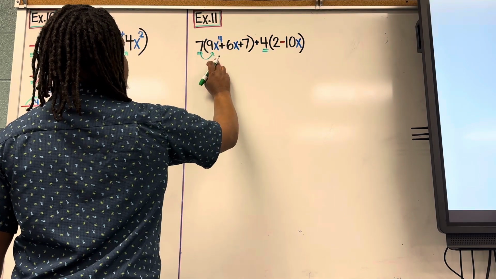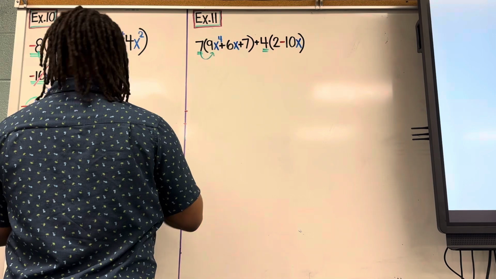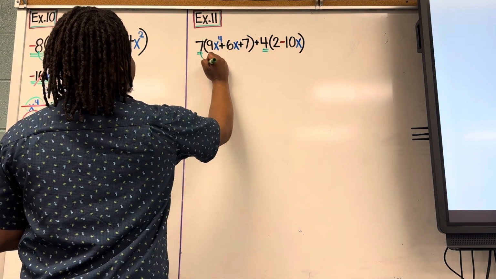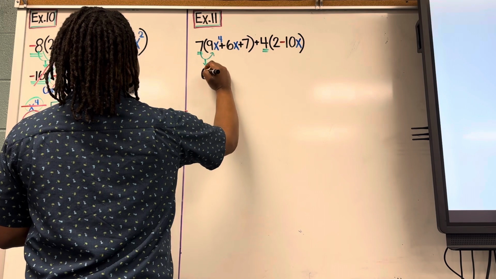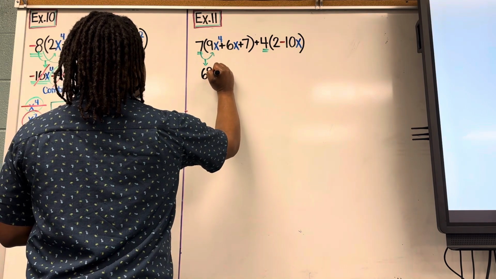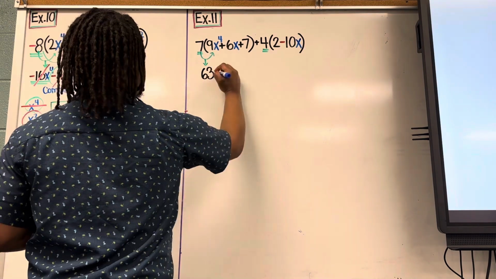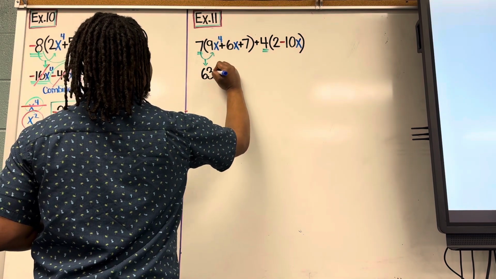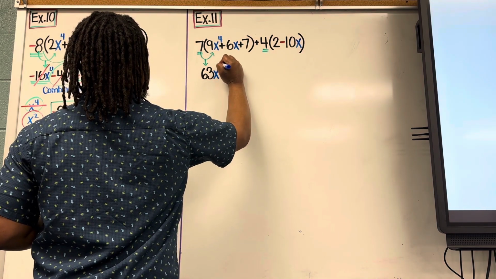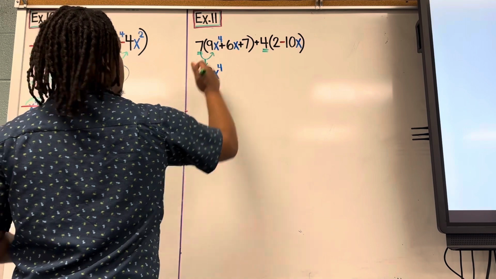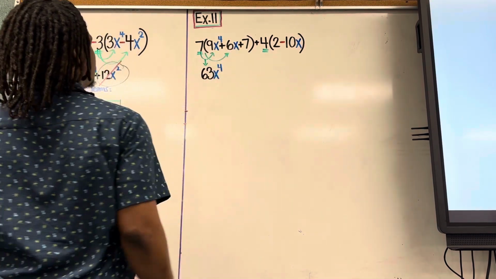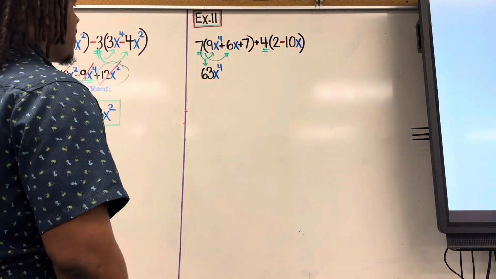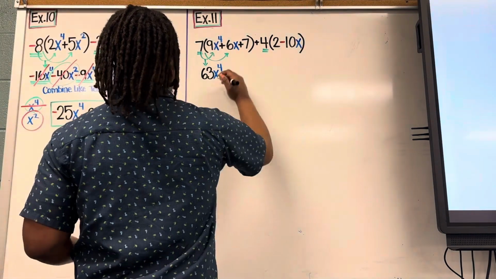So 7 times 9x to the fourth power is actually going to be 63x to the fourth power. Okay? Now we're going to have 7 times 6x. 7 times 6x is a positive 42x.